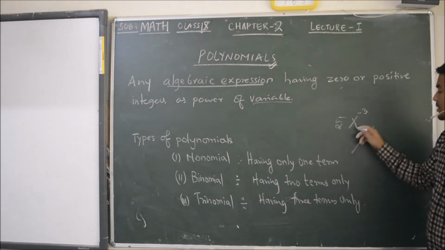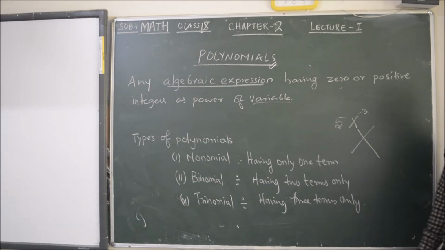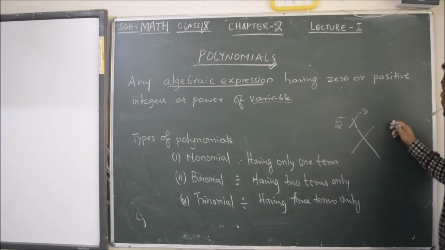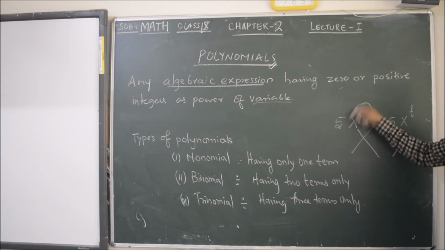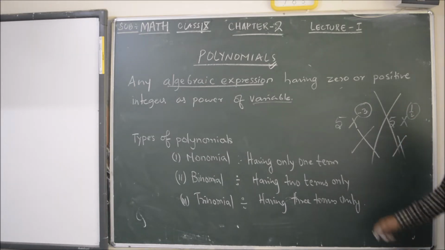So this is not regarded as a polynomial. Sometimes we have a fraction also, 5x to the power 1 by 2. Is it a polynomial? No, this is also not a polynomial. That means if the power of the variable is a negative number or a fraction, then that algebraic expression is not considered a polynomial. It must have 0 or positive integers.